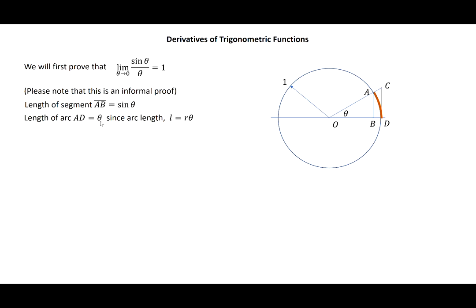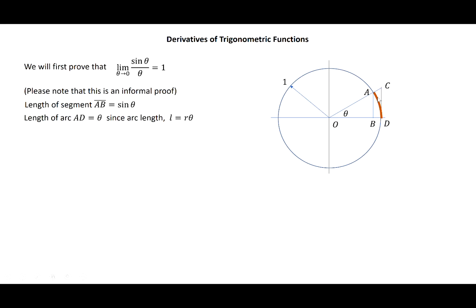Now, which one seems to be bigger, AB or this arc length AD? A straight line distance is the shortest distance. Going from point A to this line, the perpendicular distance is the shortest, so AD has to be bigger.